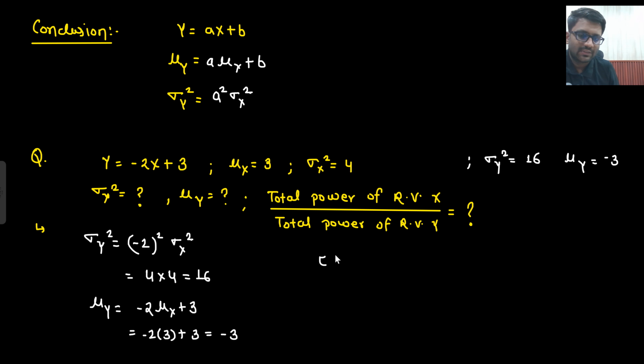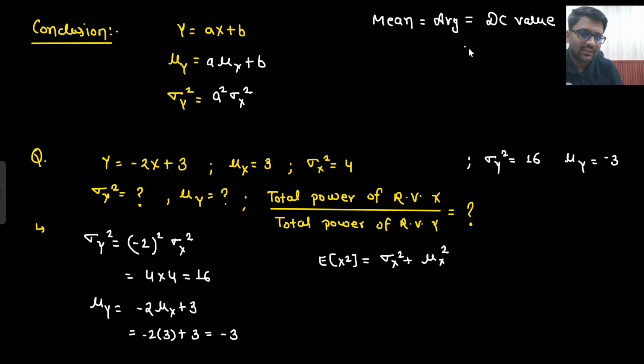Now total power of random variable x. Total power of random variable x means expectation of x square. What would that be? Sigma x square, that is 4, plus mu x square, that is 9. You remember this thing, no? AC power plus DC value whole square. So this is the DC power. DC value, I just said this DC value. Average, mean. Basically there are three kinds of names: mean, you can call it average as well, you can call it DC value as well.